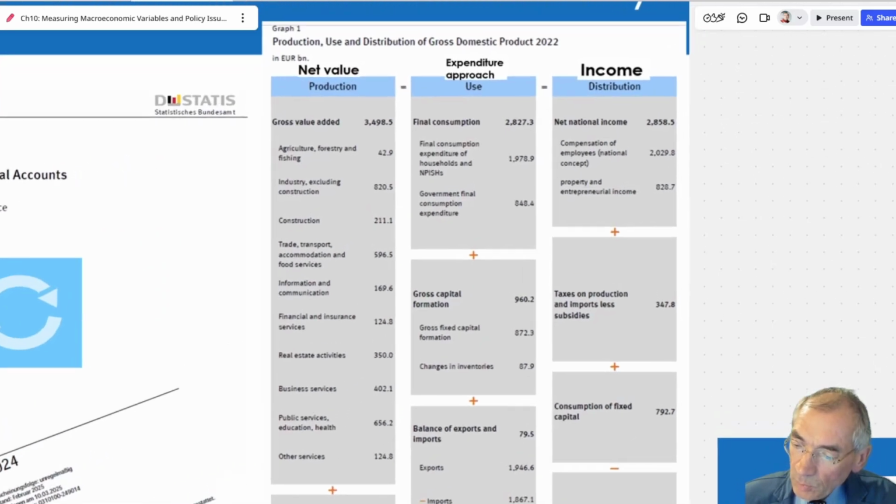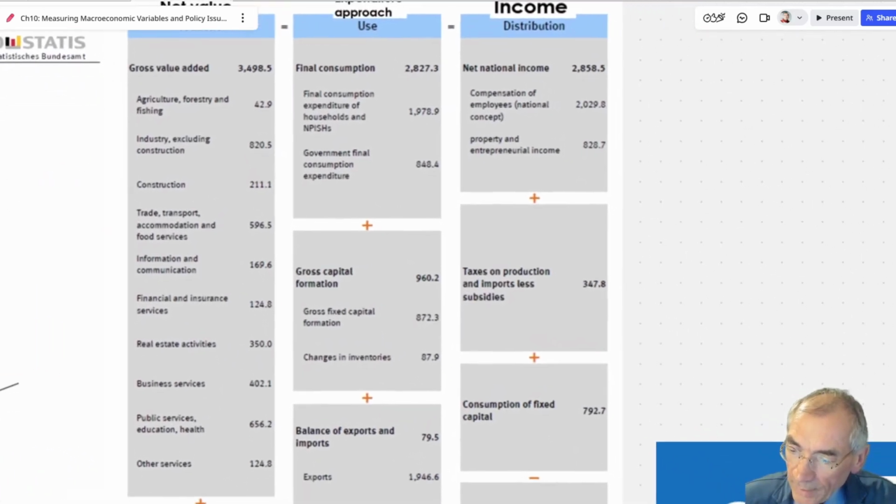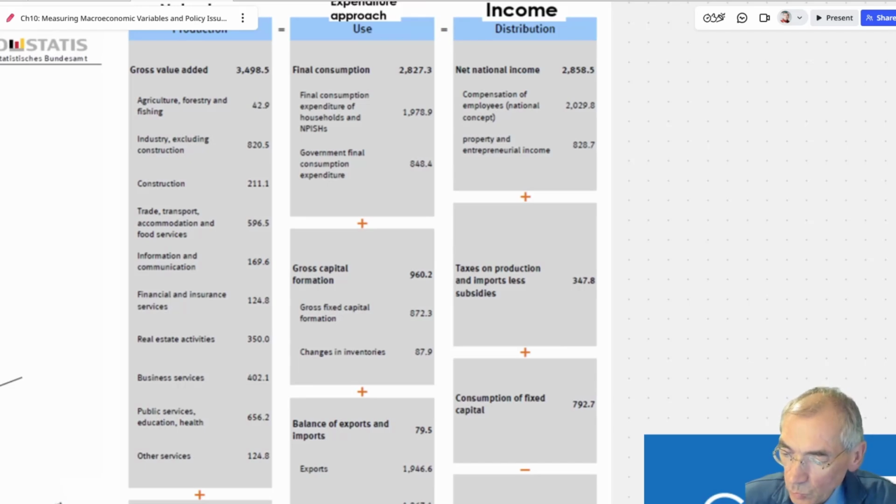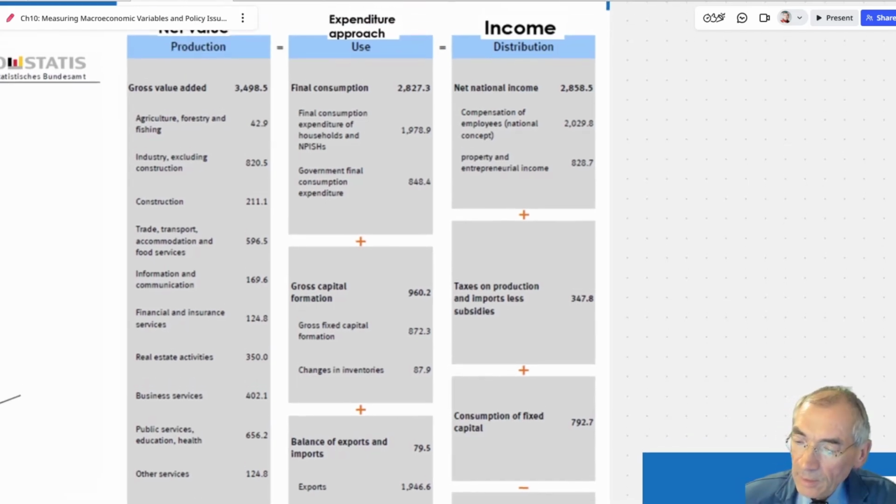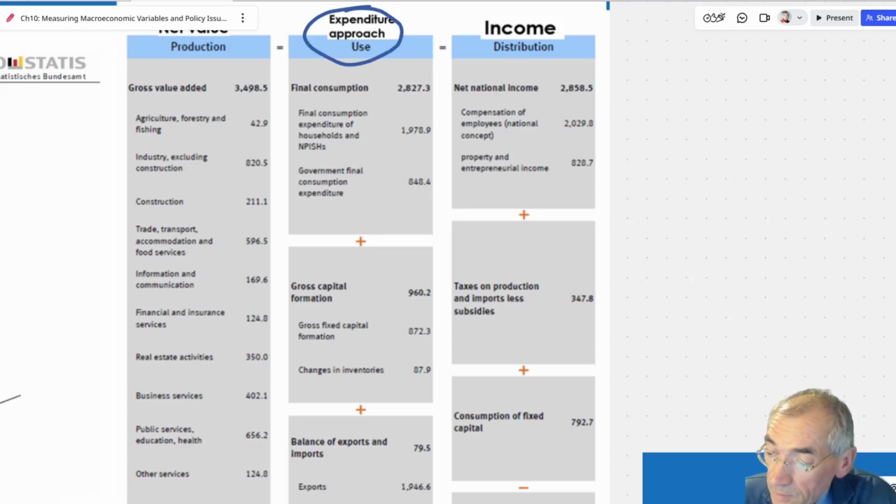But at the moment, the idea is that you have a look at what we measure here. And if we think about the expenditure approach, which the Statistische Bundesamt calls the use approach, we have on the one hand the final consumption: the consumption of the households and the consumption of the government.